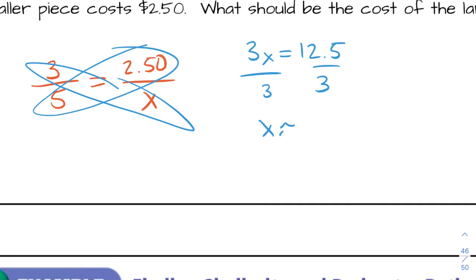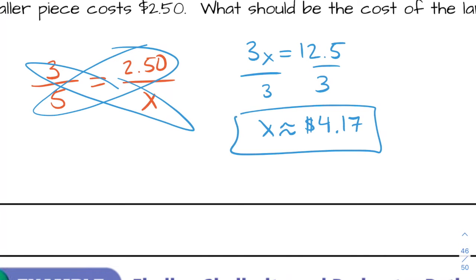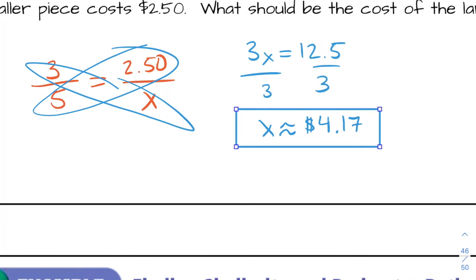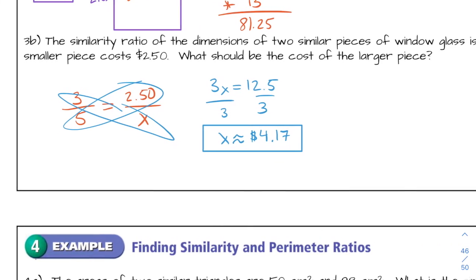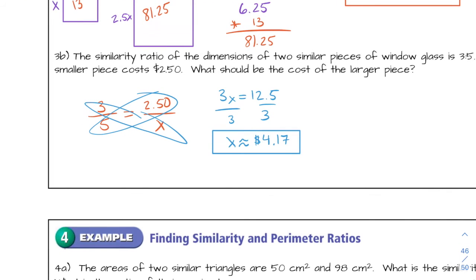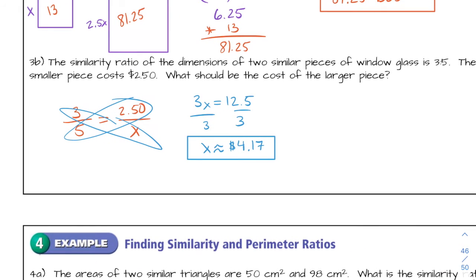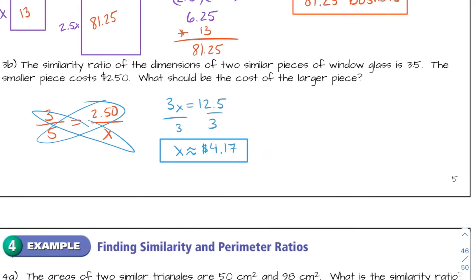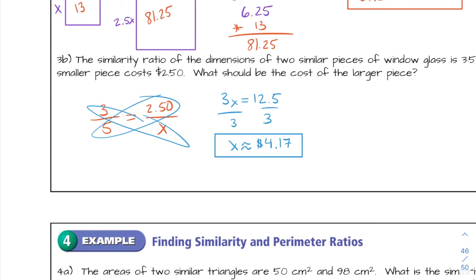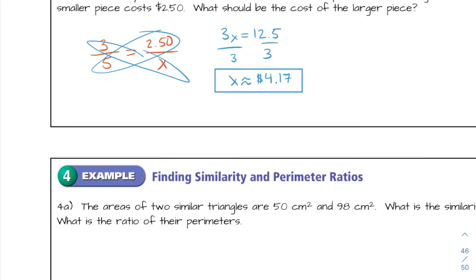So x approximately equals, this is cost per piece, $4.17. The similarity ratio of the dimensions of two similar pieces of window glass is 3 to 5. The smaller piece costs $2.50. What should the cost of the larger piece be? Yep, $4.17.